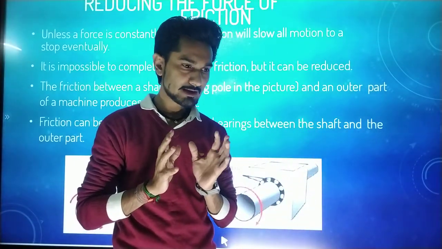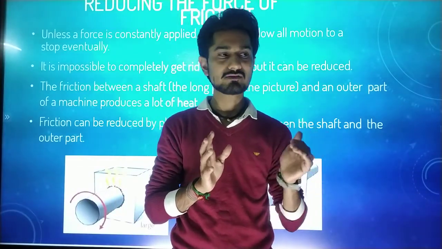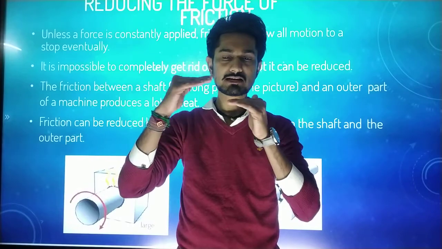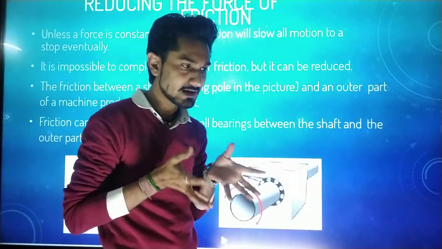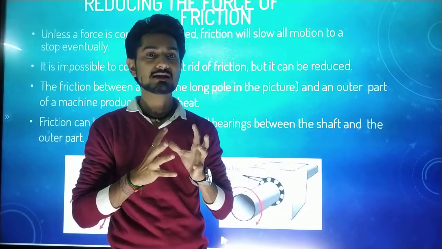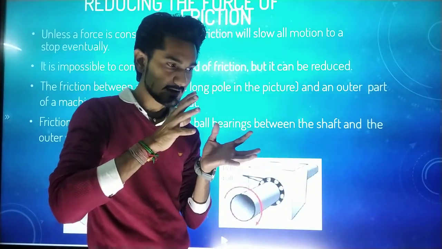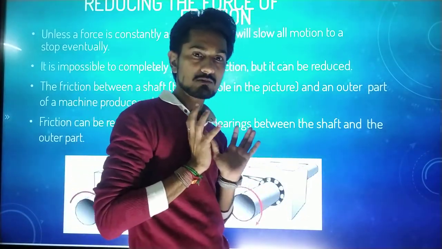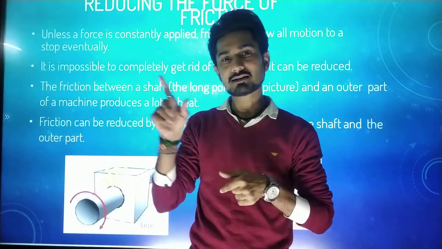Whenever we are moving an object in a direction, if a friction force arises and it is equal to the actual force, it will take more effort. We will have to use more energy, and lose a lot of energy to move that object ahead. So the first thing is, it will take a lot of effort.